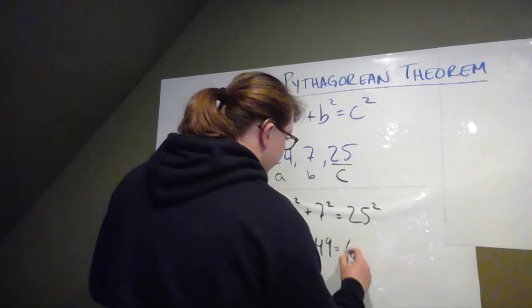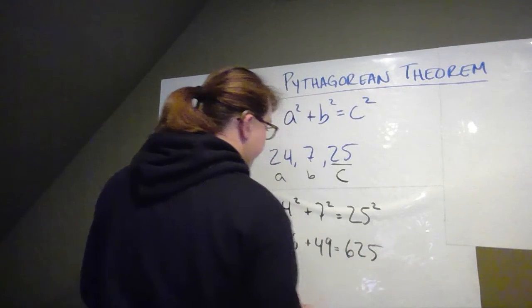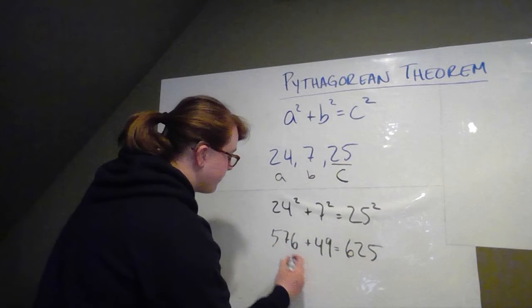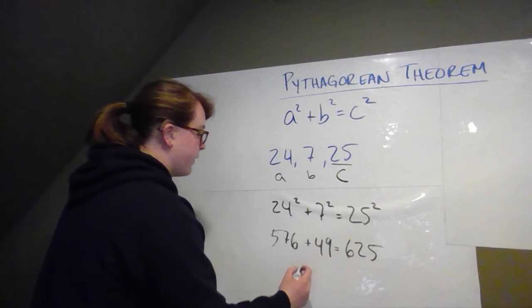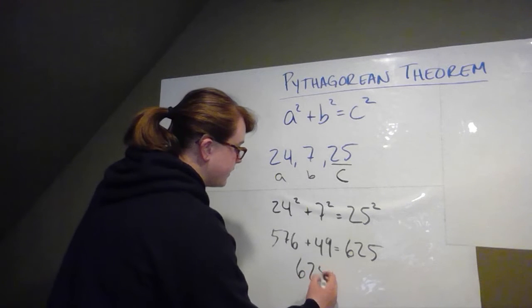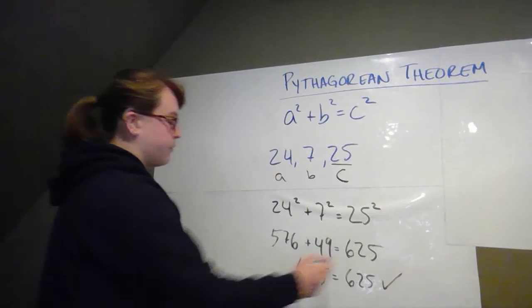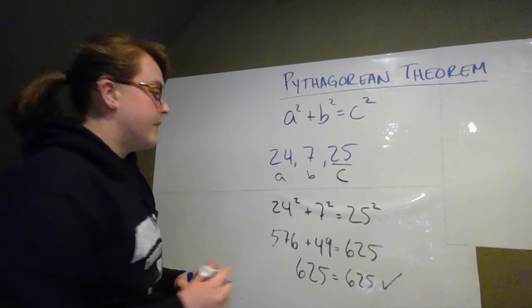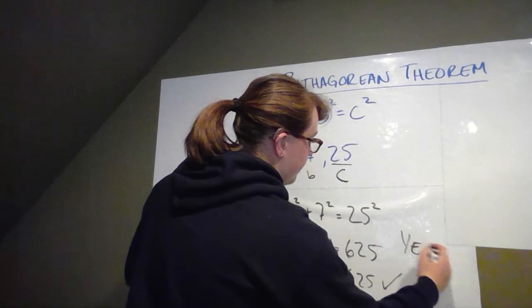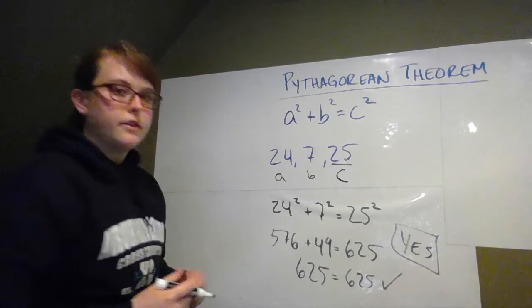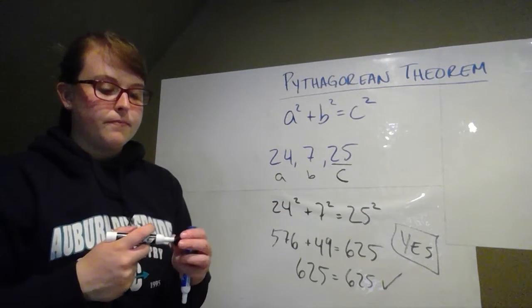And then 25 squared is 625. Okay. So then we add these two together. 576 plus 49 does equal 625. So this one, it does work. We get a true statement. So that tells me that yes, the side lengths 24, 7, and 25 do make a right triangle.